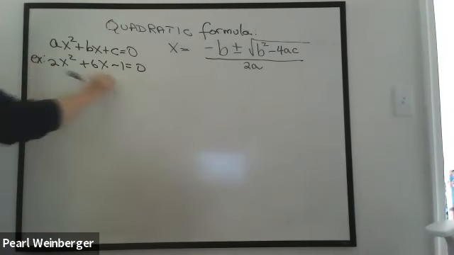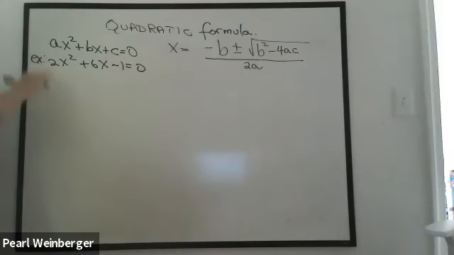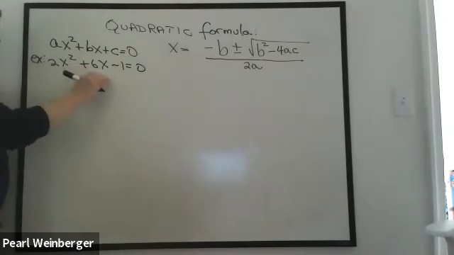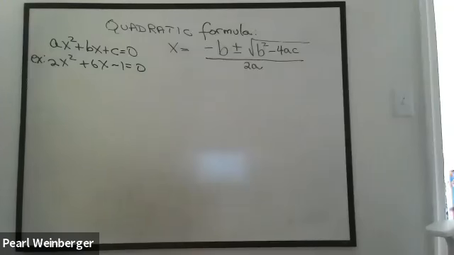This is a quadratic equation. Every quadratic equation is going to have an x squared term, and then it might have an x term and just a plain number, but it always will have an x squared term.